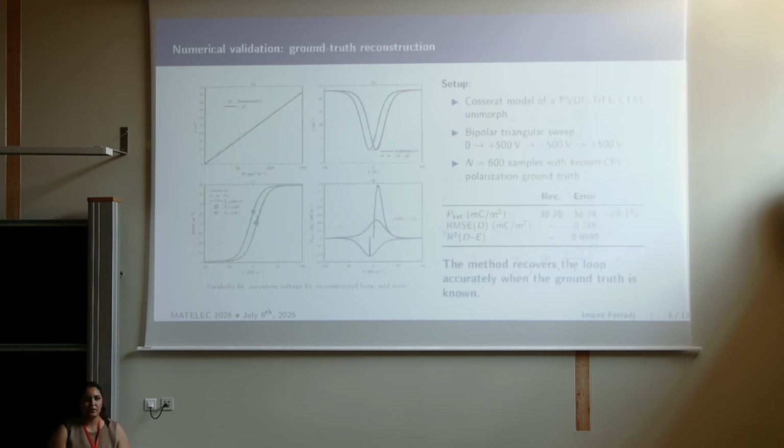And so the first layer of validation is numerical. As you can see in panel A, the regression between the raw curvature and the reconstructed hysteresis is linear, which is a good sign.